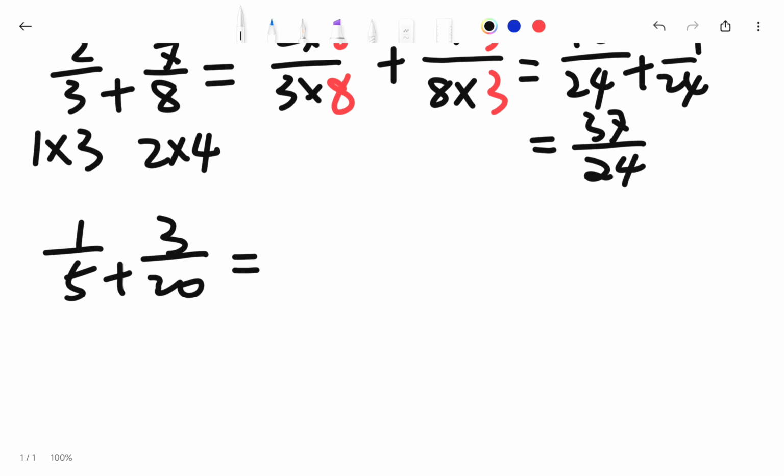So what happens when one of the denominators is actually the multiple of the other? Well, we don't need to factorize anything. We can just use that multiple as the smallest common multiple.